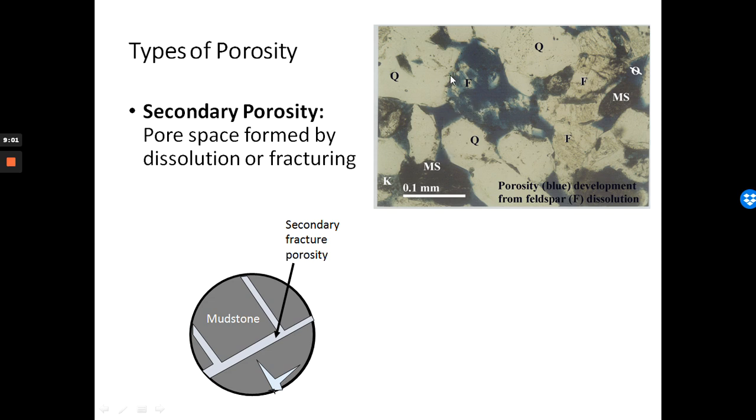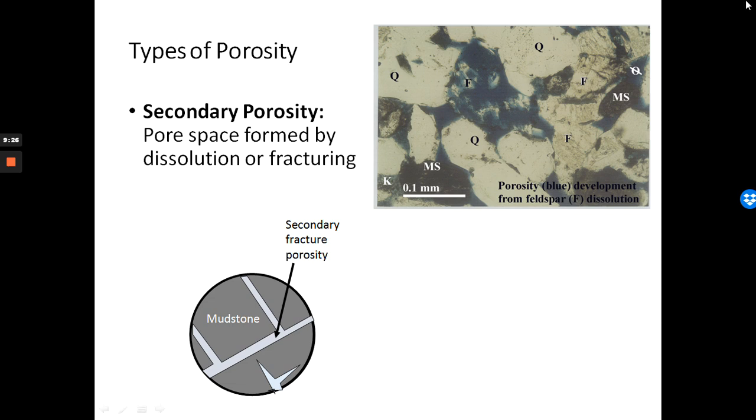Now I want you to focus on this part. It's labeled F, right? So this was originally a grain. You can still see the remnants of the mineral here, the white colored parts. It was a feldspar sand grain, but it has been dissolved. And we've learned that between quartz and feldspar, feldspar is more unstable and it can weather out into clay.